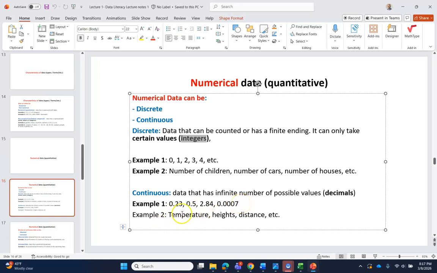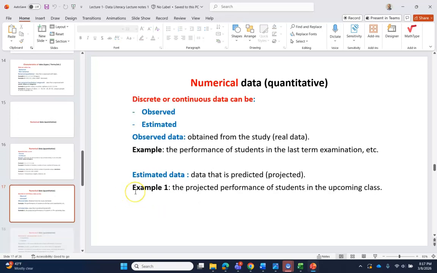For instance, when you are looking at measurements, let's say temperature, height, distance, and so forth, those are the continuous type of data, and they are infinite. So it's very important to differentiate between discrete and continuous values, and we are going to see how we can analyze them differently.